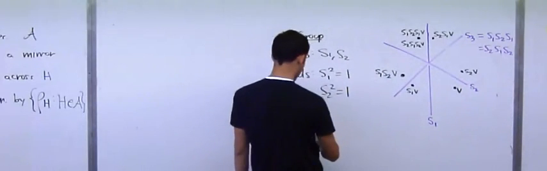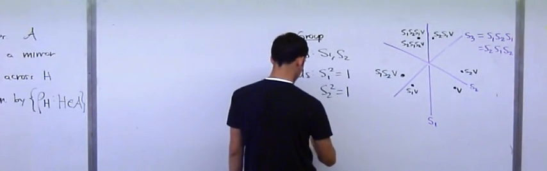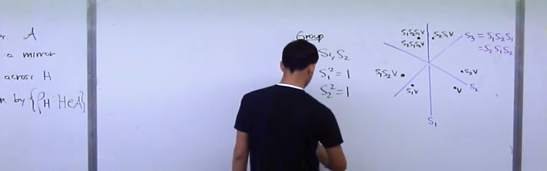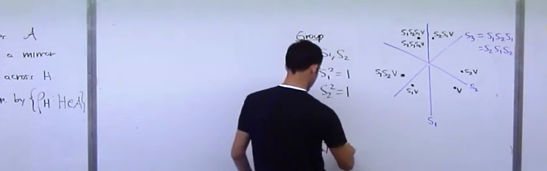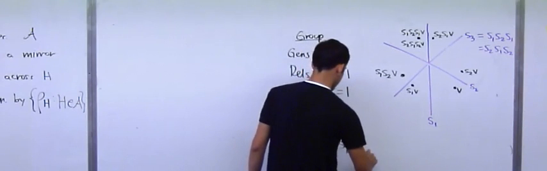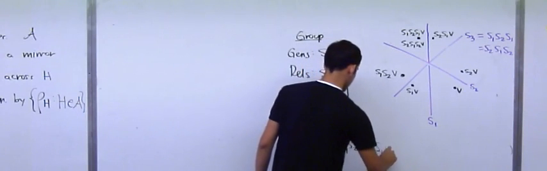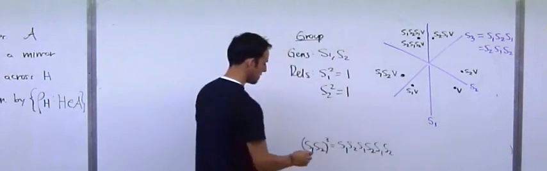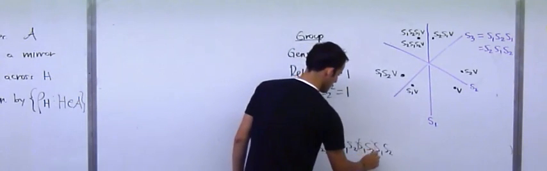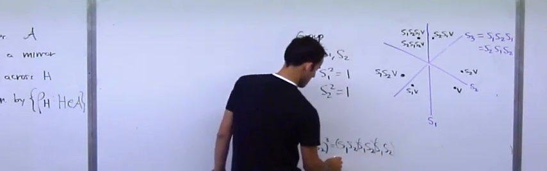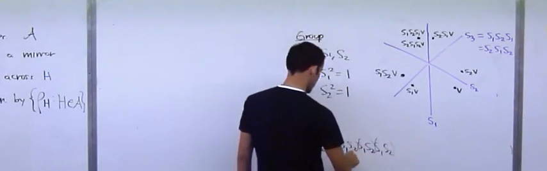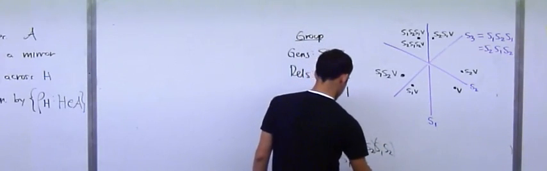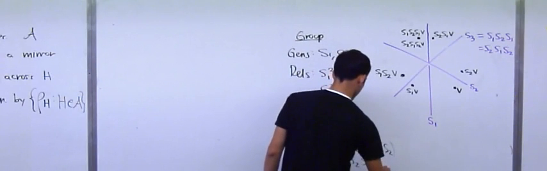Which I can rewrite as saying, well, look at this. S1, S2 cubed is what? It's S1, S2, S1, S2, S1, S2. But now I can take this S2, S1, S2 and flip it over, and I get S1, S2, S1, S1, S2, S1.